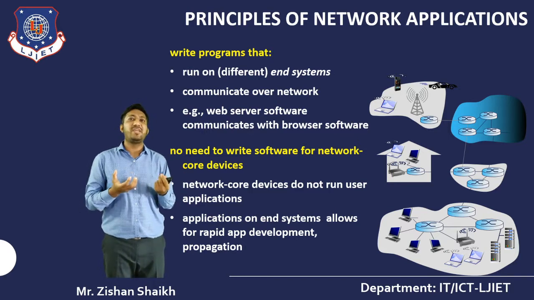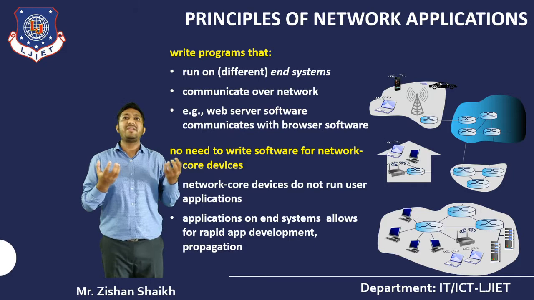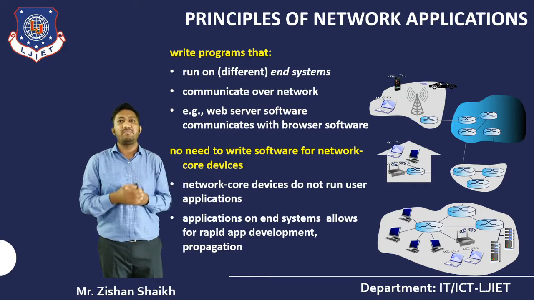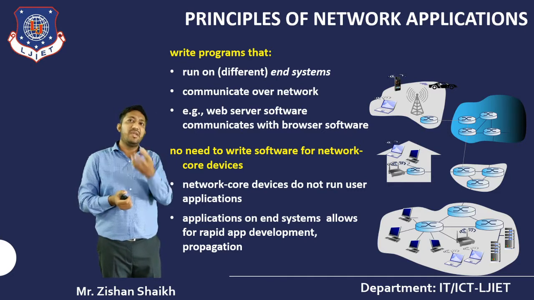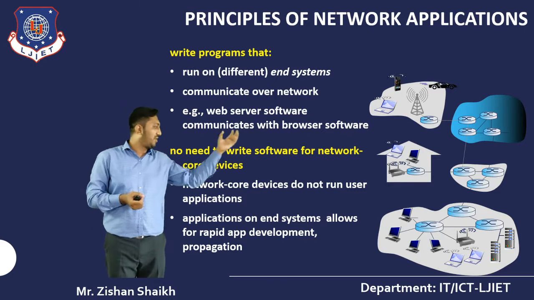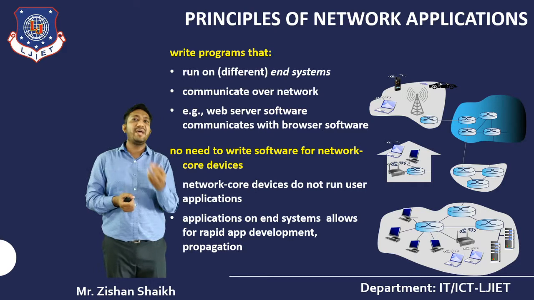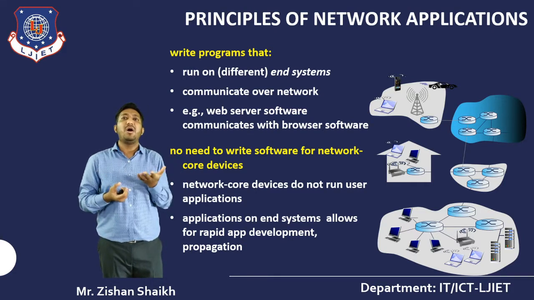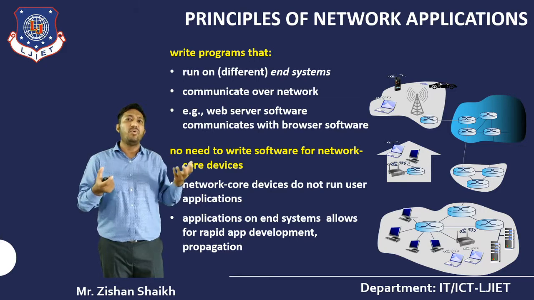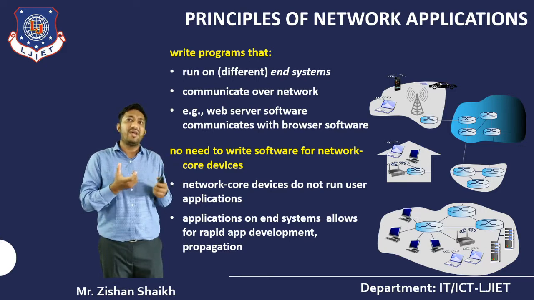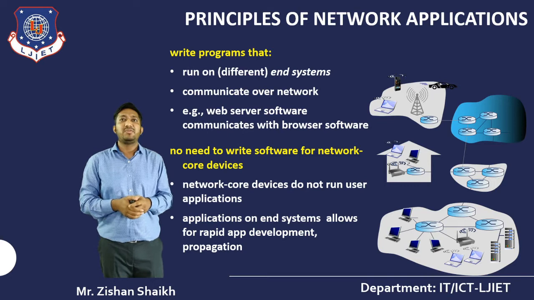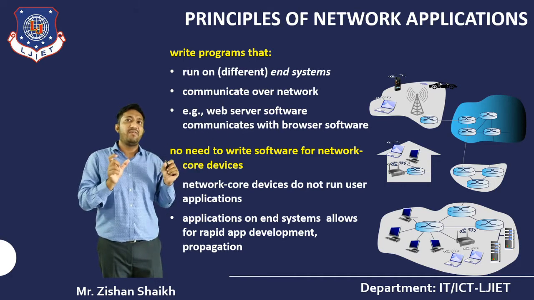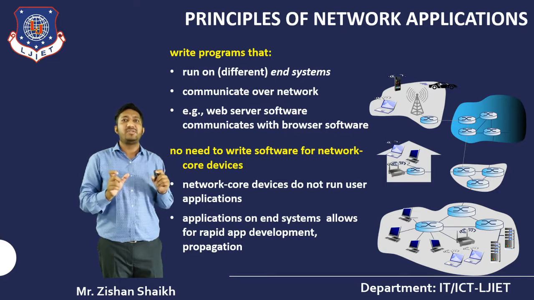The application layer is required at the sender and receiver side only. Intermediate nodes don't require the application layer, because between the intermediate nodes only data is transferred. Only the source and destination require the upper layer, that is the viewable layer, the application layer. So it runs on the end systems only, that is your source and destination.